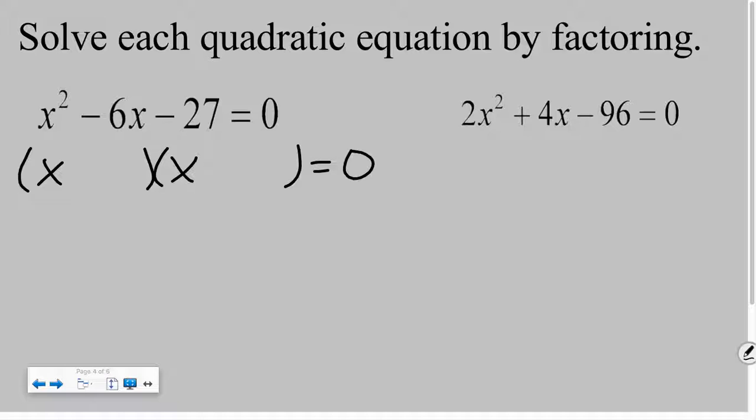What are my signs? The same or different? Different. Good. If you want to put them in, you can. I usually don't like to yet.